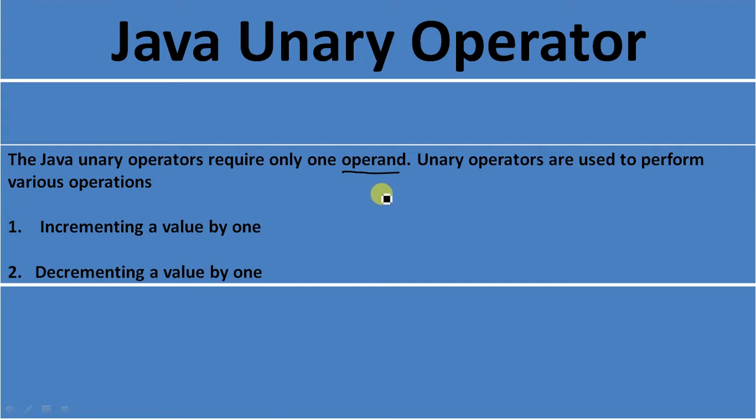Like if a plus plus, here we are using only one operand to increase the value of a by 1. That's why a unary operator uses only one operand, because we perform the operation on one operand.